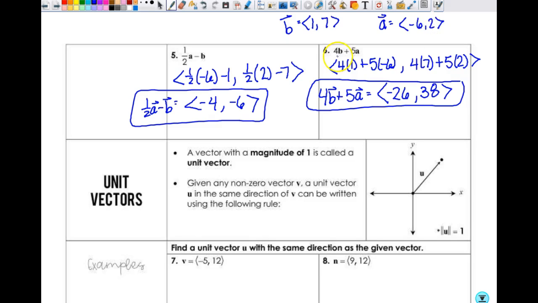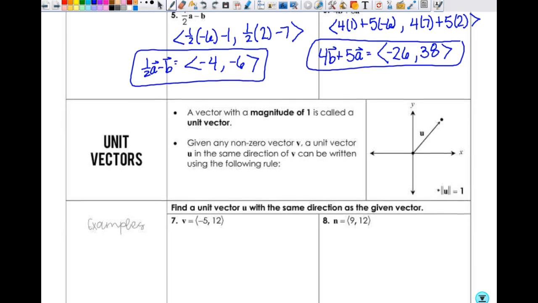So I'm going to do 4 times 1 plus 5 times a negative 6. And then I'm going to do 4 times 7 plus 5 times 2. Does that help? What questions do you have? Nothing? We're good?